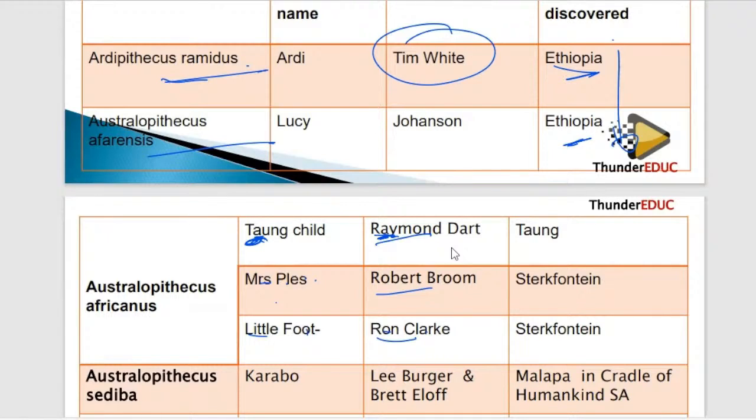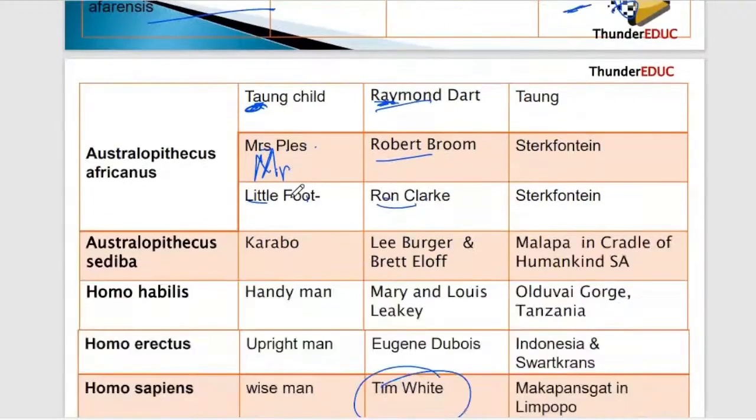The recent one is supposed to be Mr. Ples, but because of the books, it is Mrs. Ples until we are told to update it. So when you say Mrs. Ples, it's cool. When you say Mr. Ples, I think it's also cool because lastly, they credited it. So think about it.